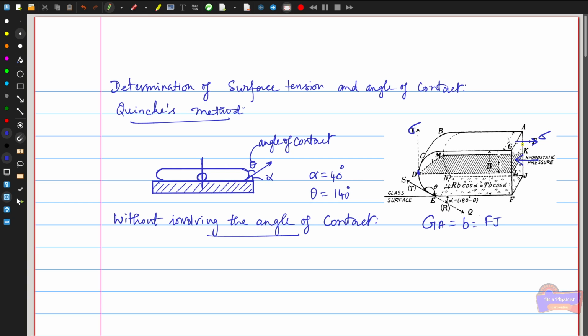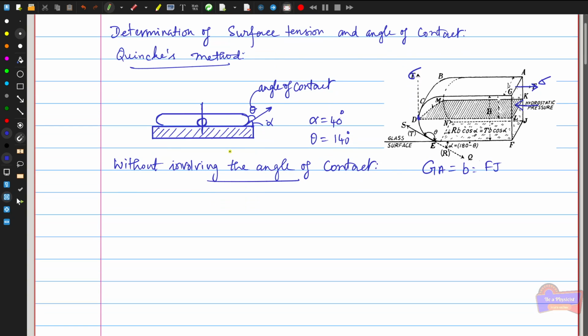So we only have two horizontal forces acting on this slice, equal as well as opposite in direction. Since the liquid surface is in equilibrium, the hydrostatic pressure and the surface tension are equal in magnitude but opposite in direction.